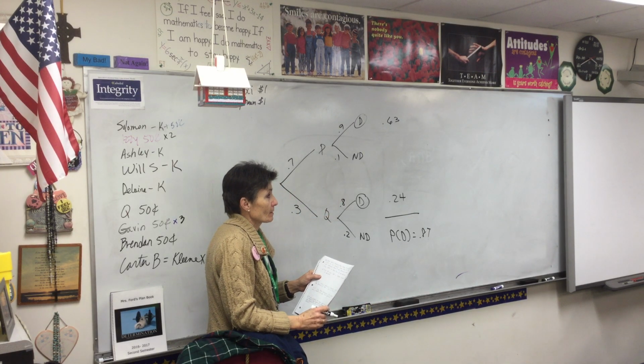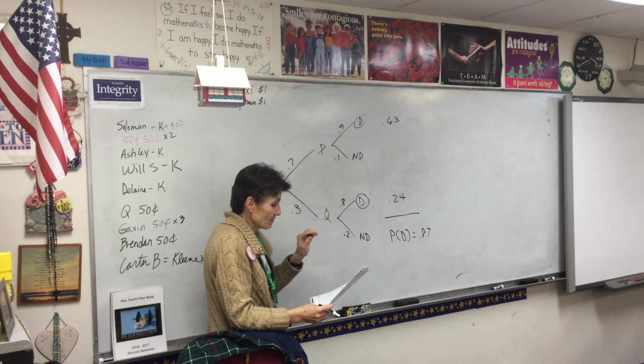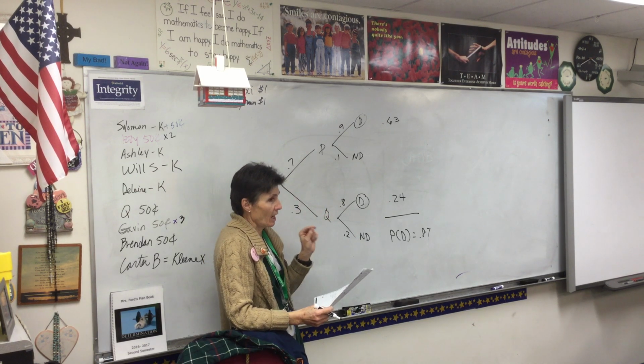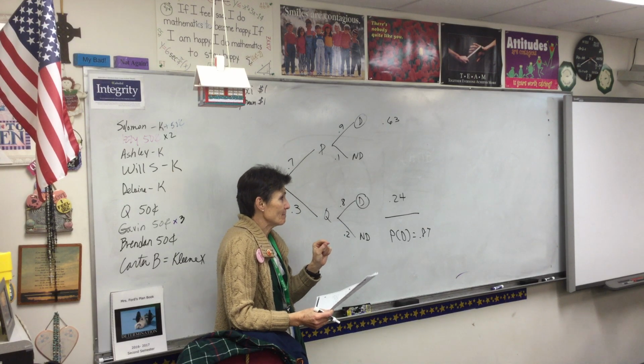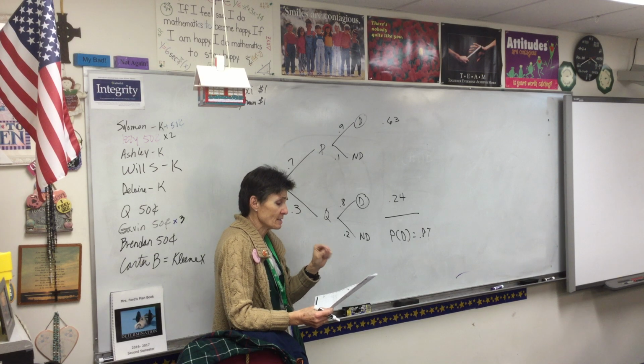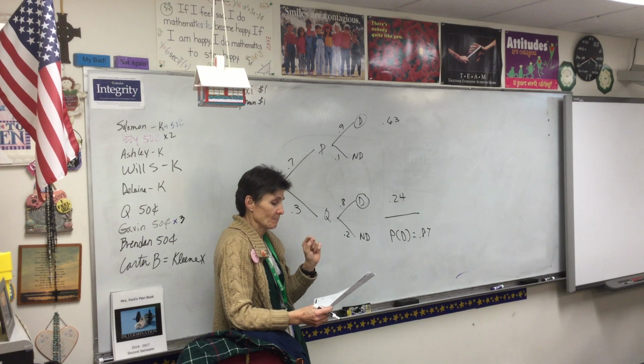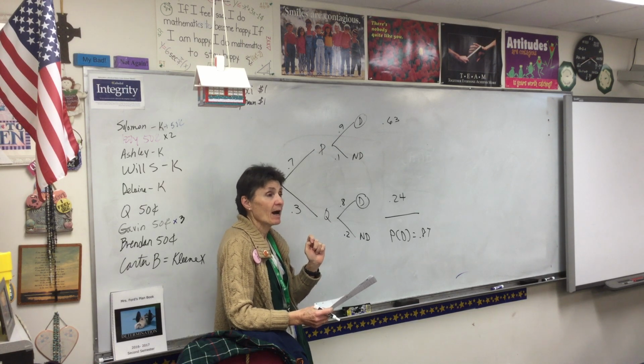Okay, so that's easy. Now this next one is kind of an honors question. I think we maybe did this a little bit, maybe not, but this is a tough bonus question. If I pick a delicious banana, what is the probability that I got it from Q?